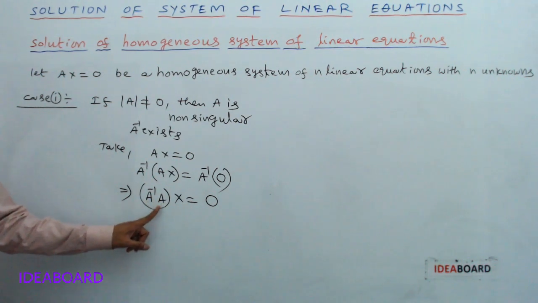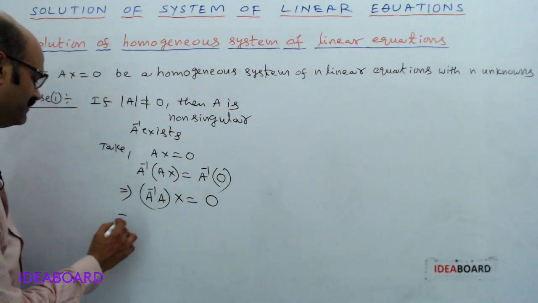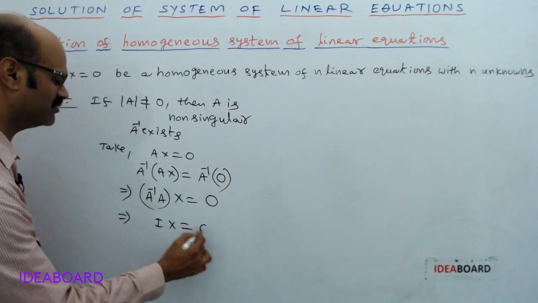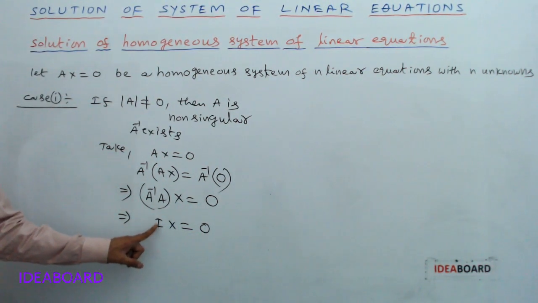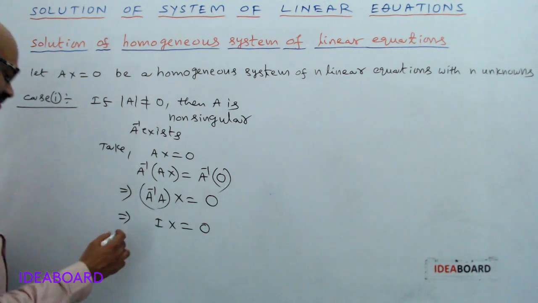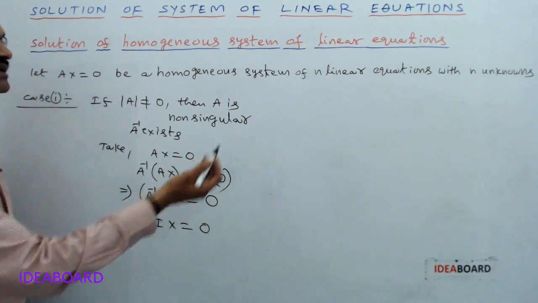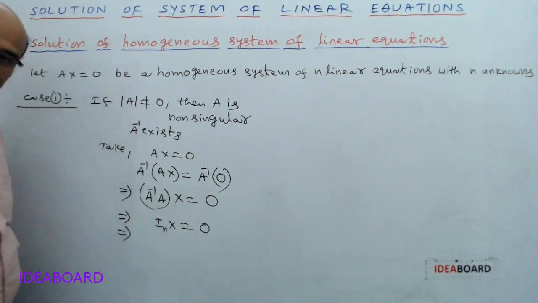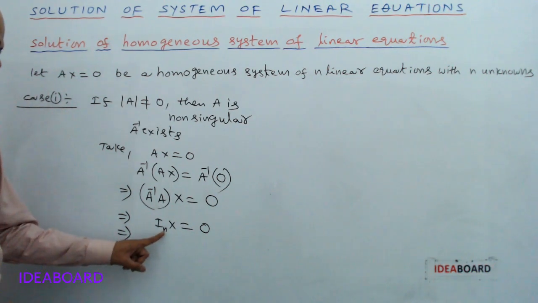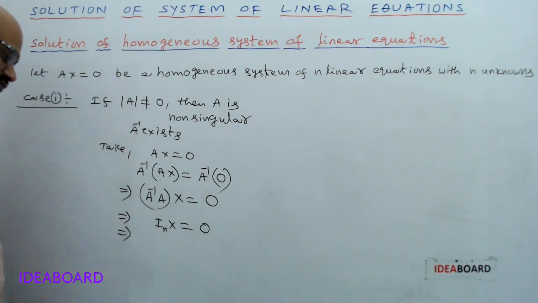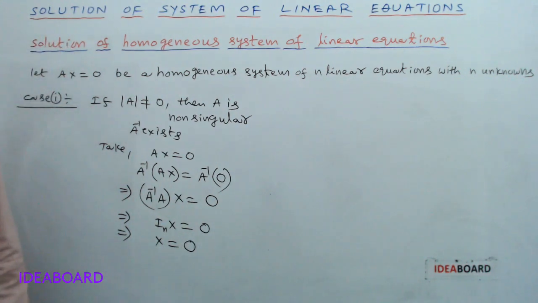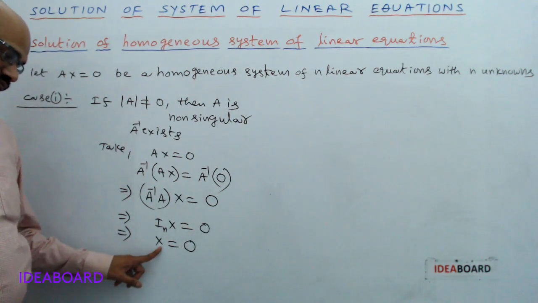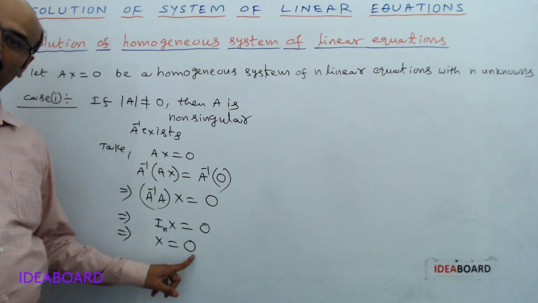We know that A inverse A equal to I. It implies I into x equal to null matrix. Since it is n equations, we take it as In, the n by n identity matrix. In into x equal to x only, equal to null matrix. Here we have x equal to null matrix.